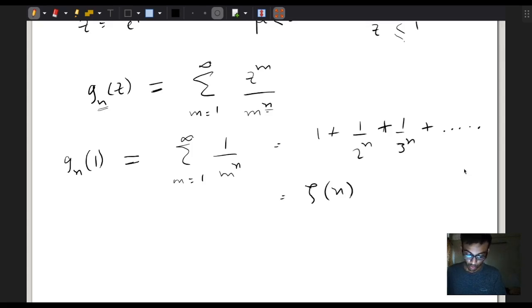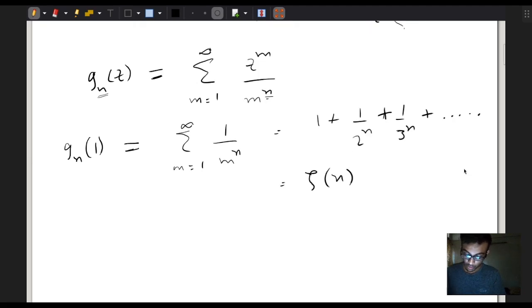We will be seeing this quantity more in the discussion of the photon gas.